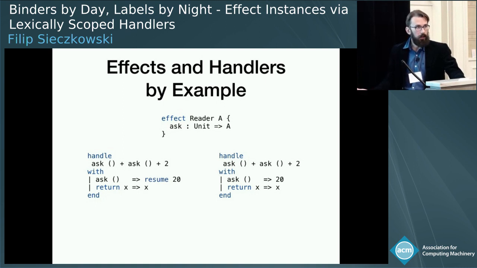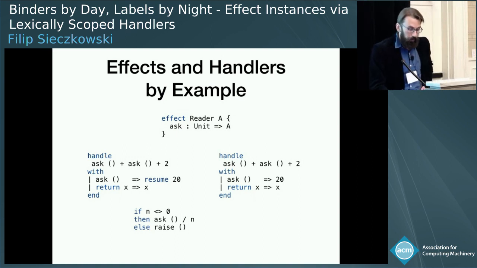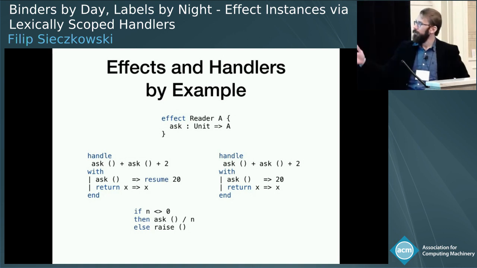Now, why is this talk in the types and effects session? Because these languages are usually coupled with type and effect systems. In particular, here we have a simple piece of code that tries to ask the environment for a value and divide it by n, but of course it doesn't make sense if n is 0. So what should we do if n is 0?